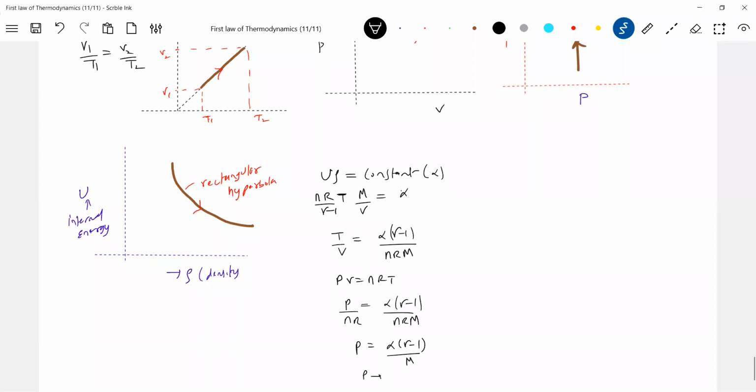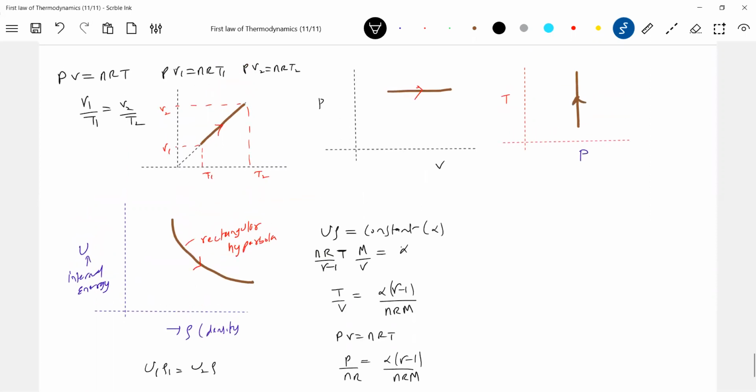So therefore pressure is a constant. So in the internal energy versus density graph, a rectangular hyperbola will be isobaric process. In the VT graph, a straight line passing through the origin. In the PV graph, a horizontal line. In the TP graph, a vertical line.